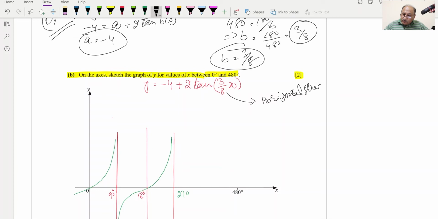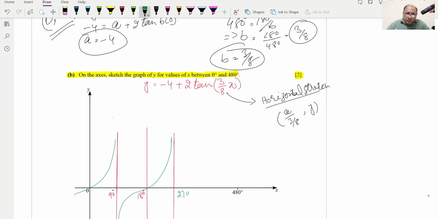How this will be stretching, we will calculate this later, but horizontal stretch is we will be dividing x value by 3 by 8, and y value coordinate will remain as it is. This is how we are showing the horizontal stretch.